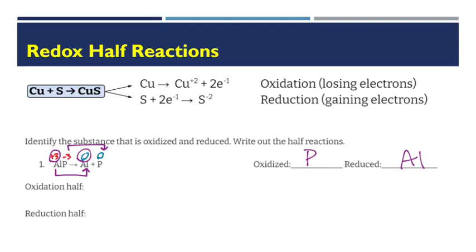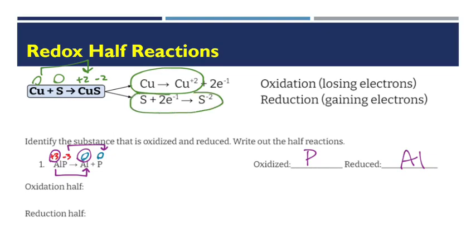And you see my example up above this first example here, where we took CuS, where we had 0, 0, -2, +2. So our copper was being oxidized because it was going up in charge. And we basically pulled that copper stuff out and separated it into its own separate reaction from the sulfur that was being reduced.